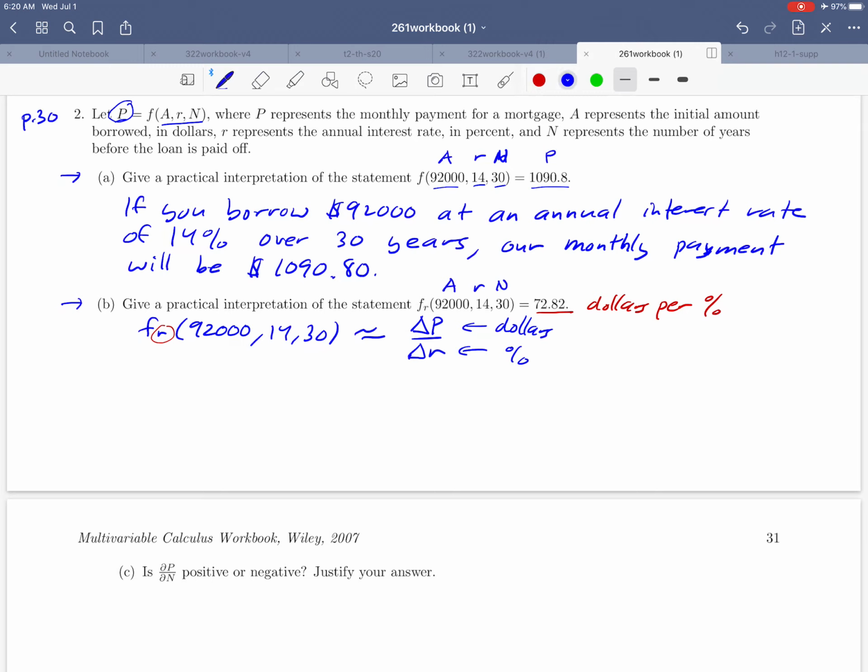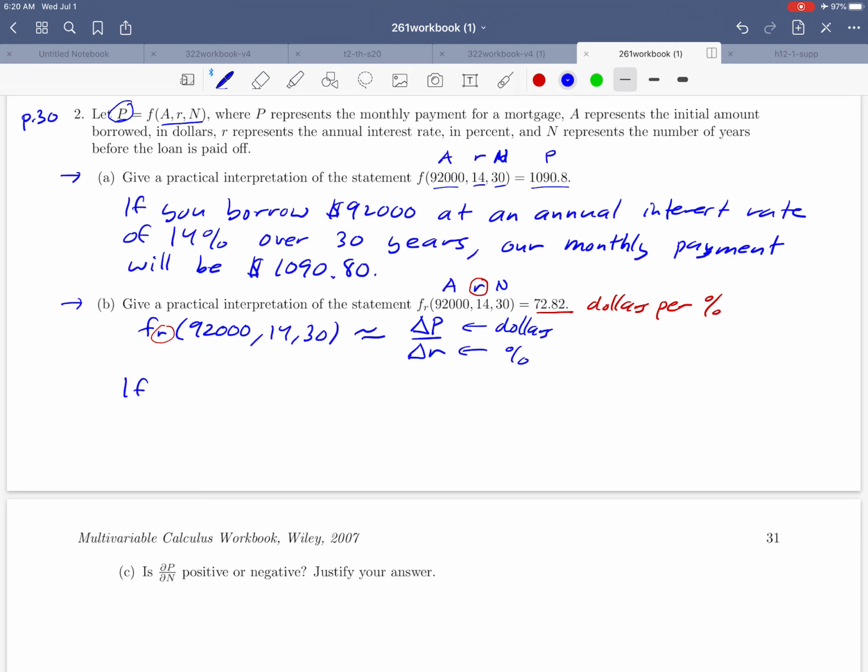With the units nailed down, I think we're ready to try an explanation of this statement. The thing to remember is that the only input variable that's changing is R. The other 2, A and N, are being held constant, and we'll write that into our explanation.